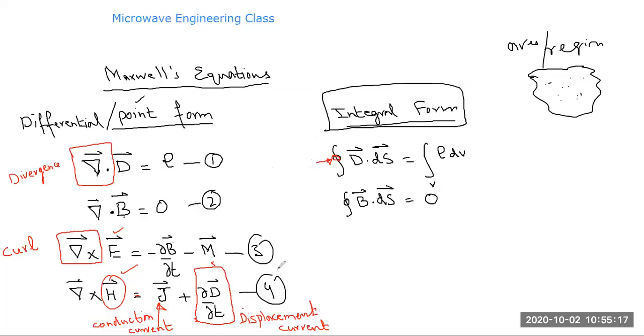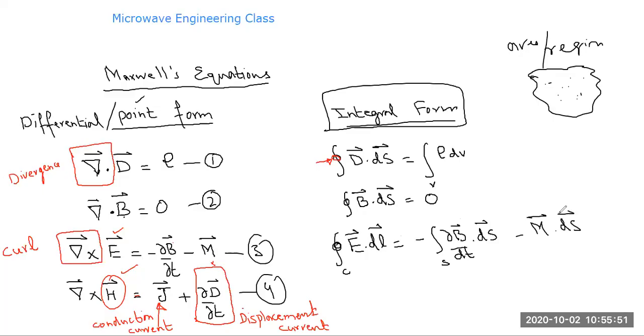Similarly, the third equation becomes the closed line integral of electric field equal to minus the rate of change of magnetic flux passing through a surface, minus the magnetic current passing through that surface.